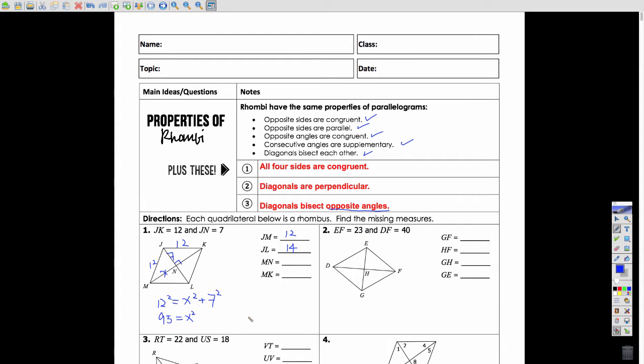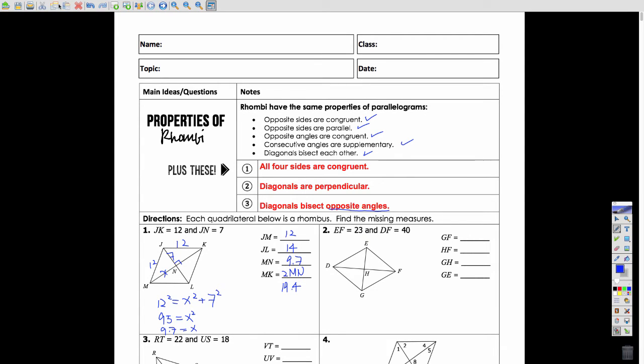So x comes out to be approximately 9.7. So MN is 9.7. If MN is 9.7, MK is 2 times as long. So that's 2 times MN, and I should have 19.4. Okay, so that's the first question.